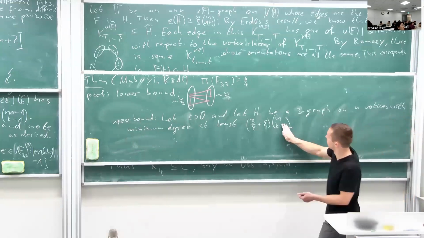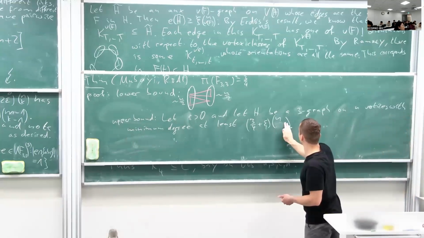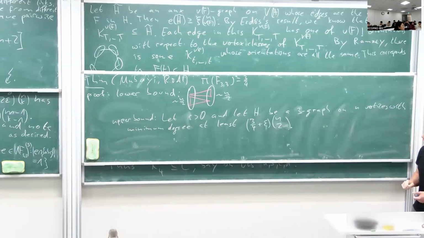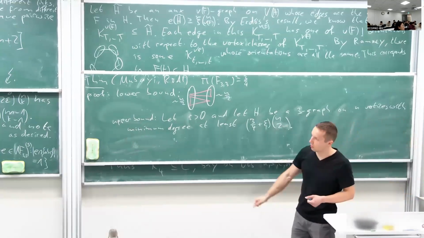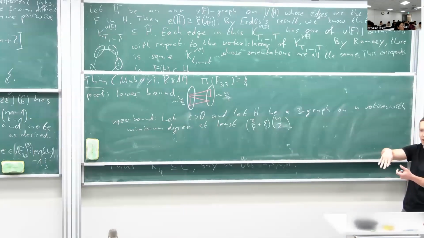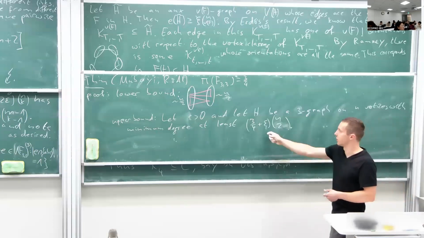Oh, sorry, this is just 2. Okay, so because of this, we can always just go to a subgraph that has that minimum degree. And since we can make the n as large as we want, we can assume that we start with it.